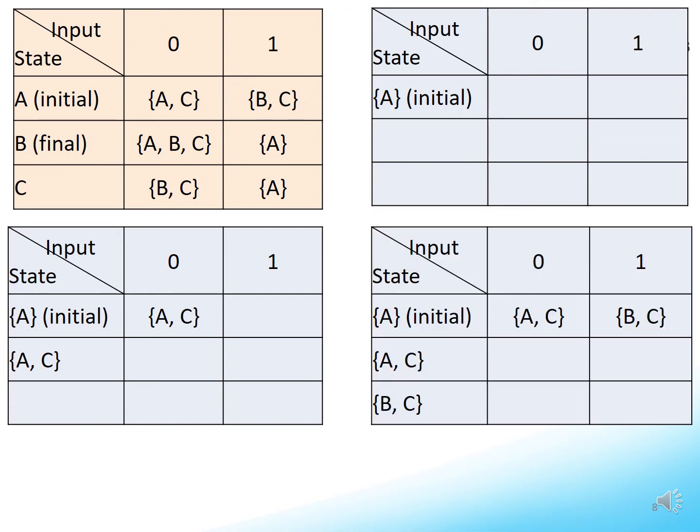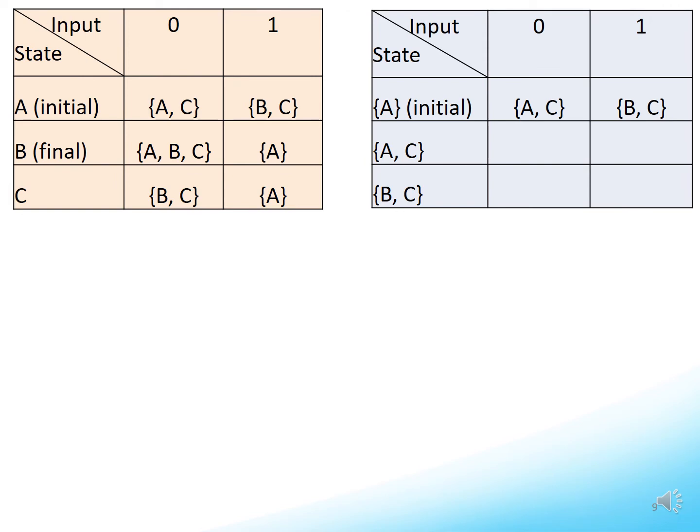So we record down that A seeing 1 will go to BC, except that BC is treated as a single composite state. This state is new in machine M2, so we need to consider its transition subsequently.